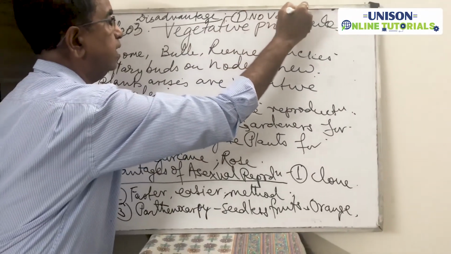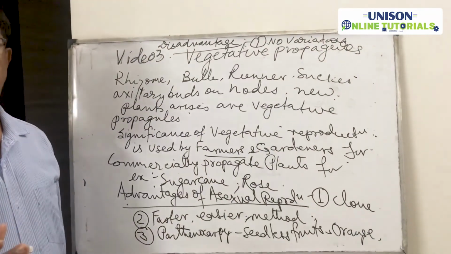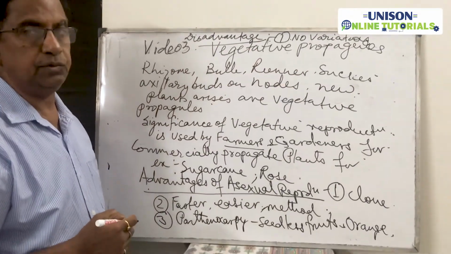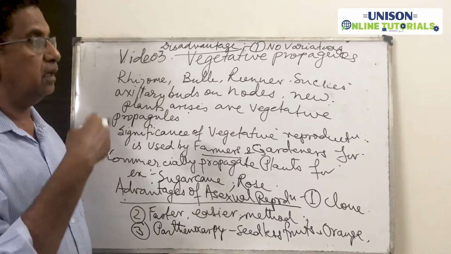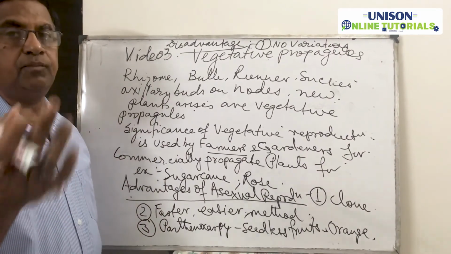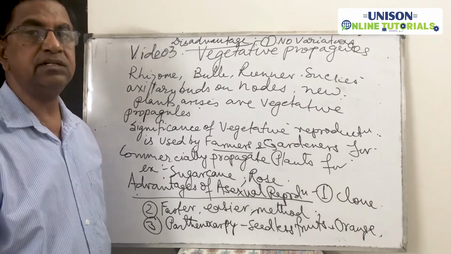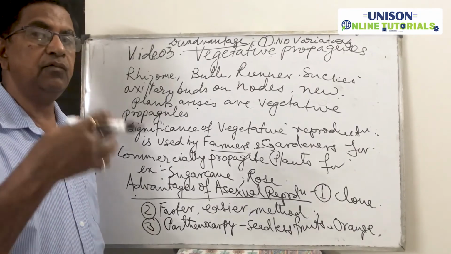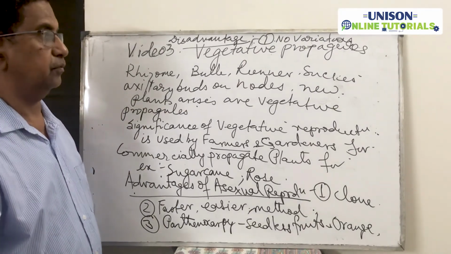And if there is no variation, then a better quality of plant is not produced. Because with the variation that is there in sexual reproduction, some offspring are better suited to adapt to the environmental conditions, and they are naturally selected, and they will be successful in the process of evolution.